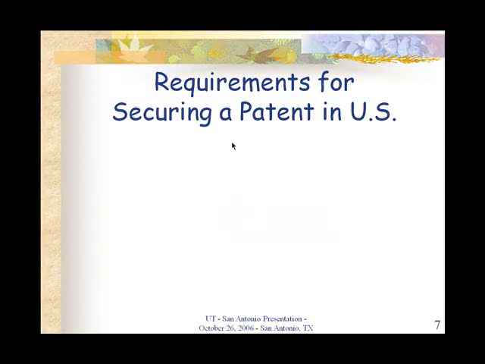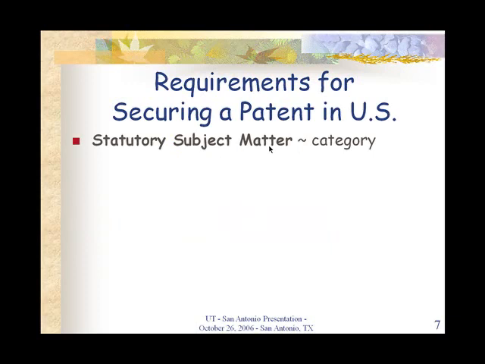So the requirements for securing a patent in the U.S.: there's a statutory subject matter category, and I'd recommend that you go to the Patent and Trademark Office to read about this more.